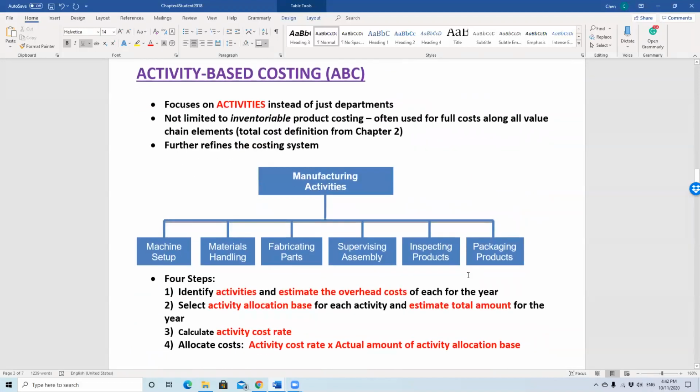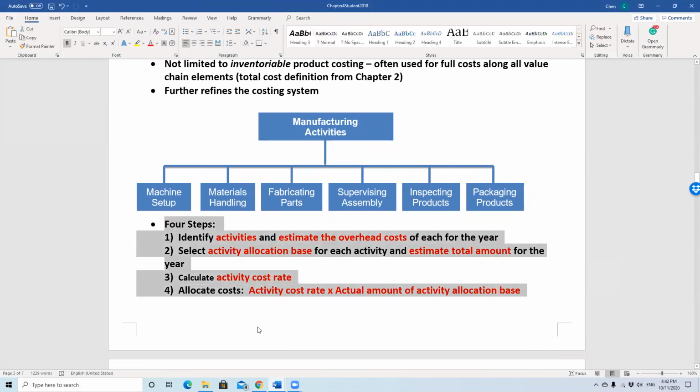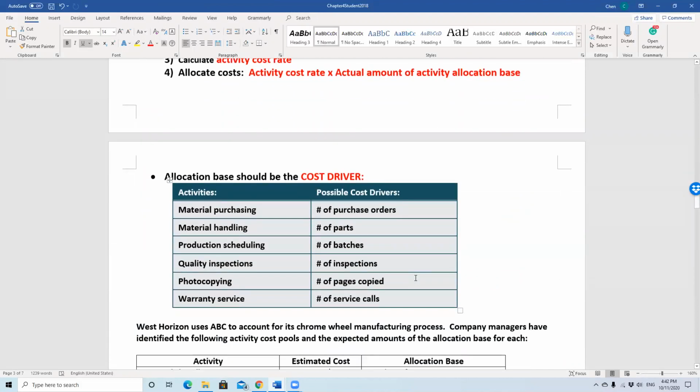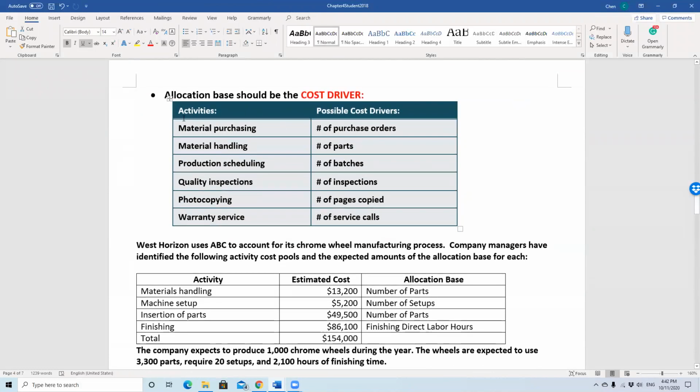So, activity-based costing. Here is some more information. We have covered these 4 steps before, and you can see the different kinds of activities in the manufacturing firm. And some examples: the allocation base should be the cost driver.